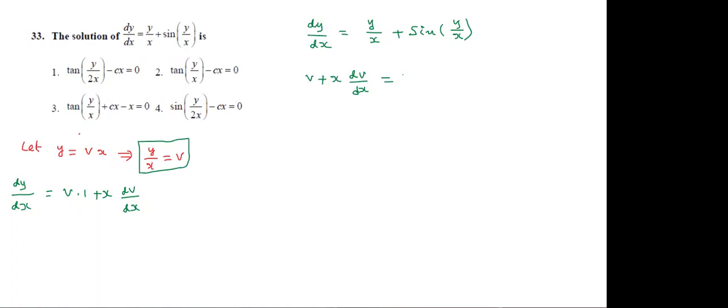That is v plus sine v. Okay, students, here v is going to cancel. Now separate the variables. You will get dv divided by sine v is equal to dx divided by x.